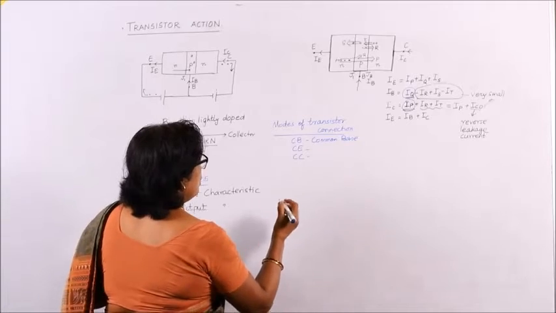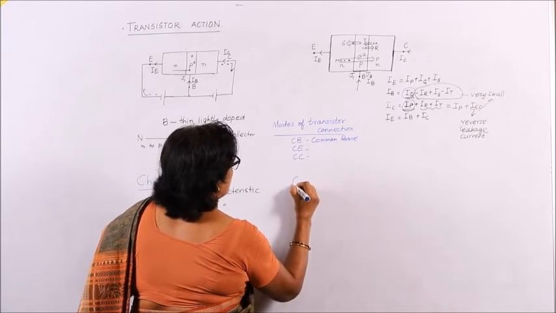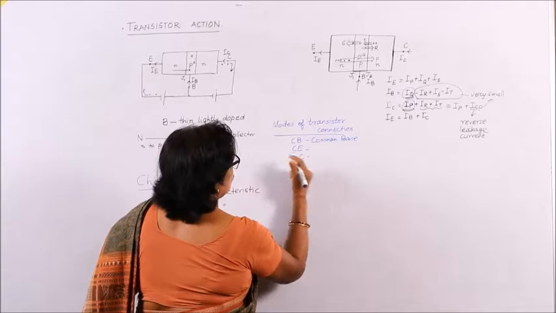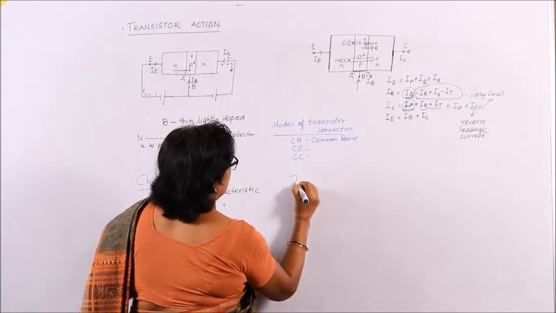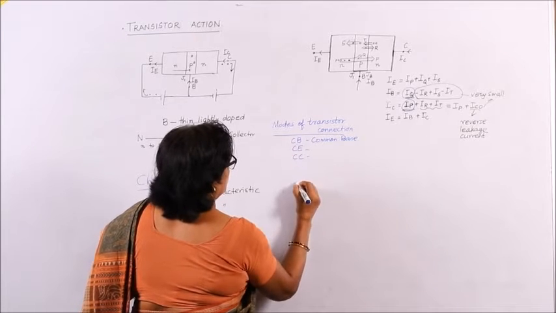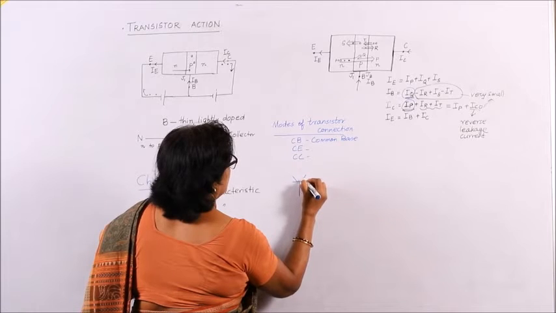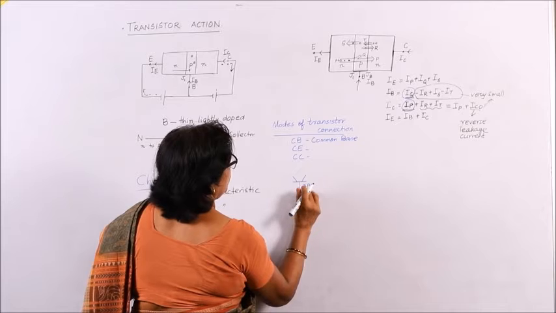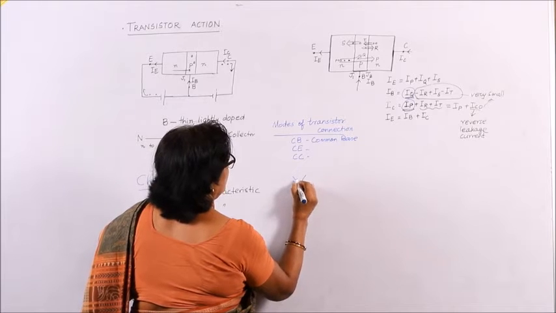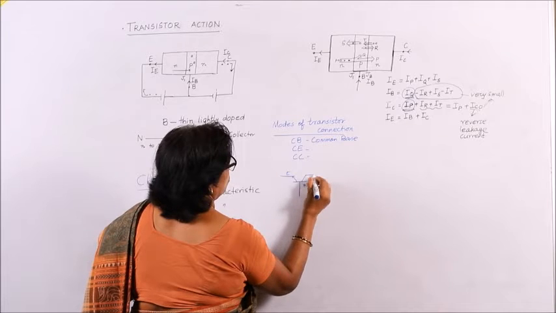So, for example, if I take the NPN transistor, this is NPN. The current direction in the emitter is shown by the arrow.